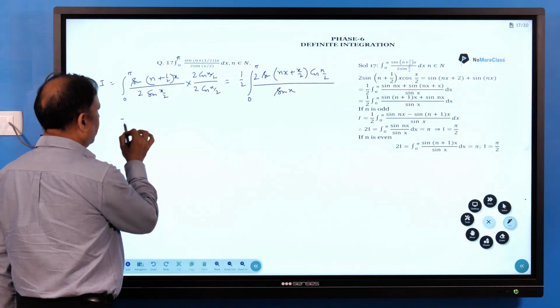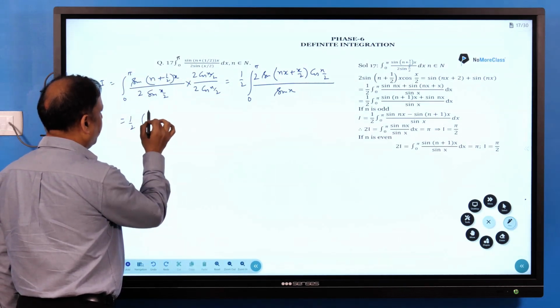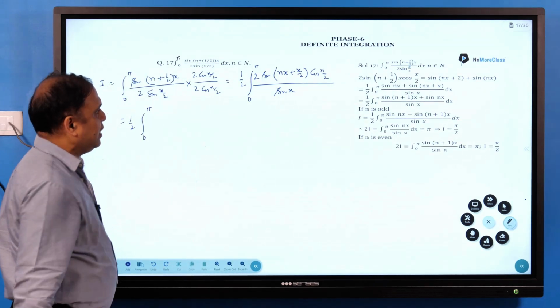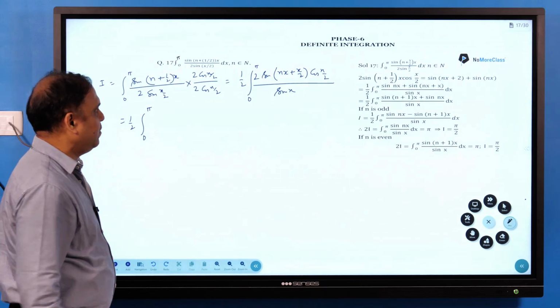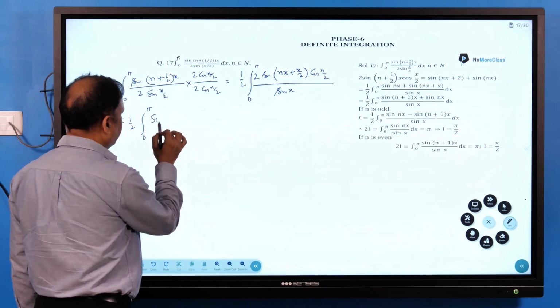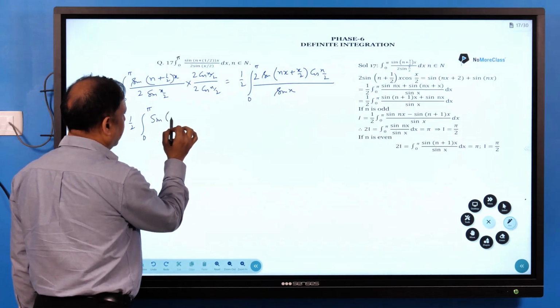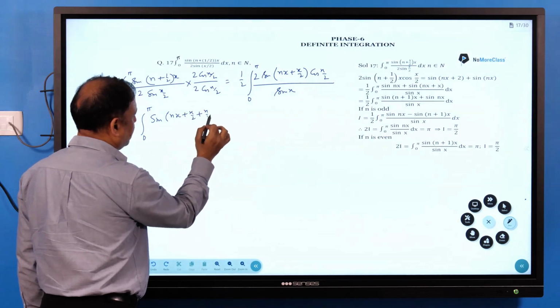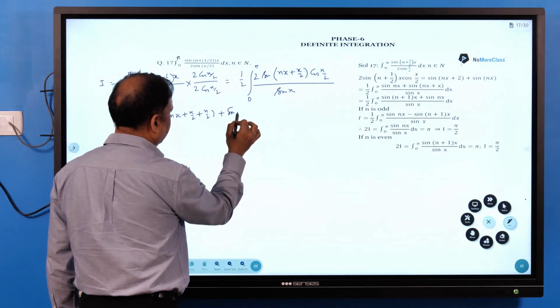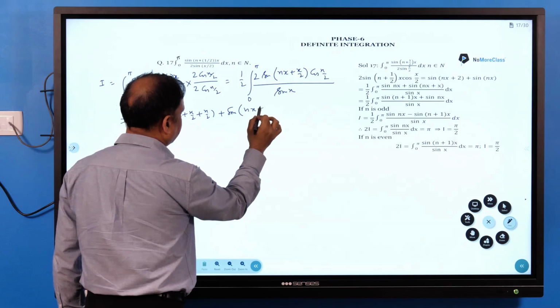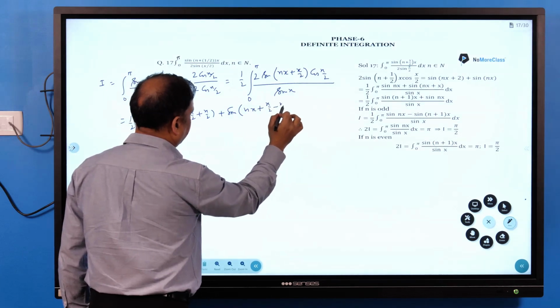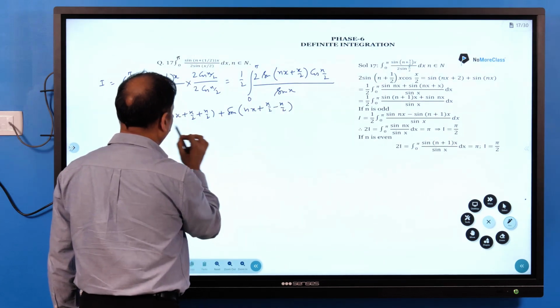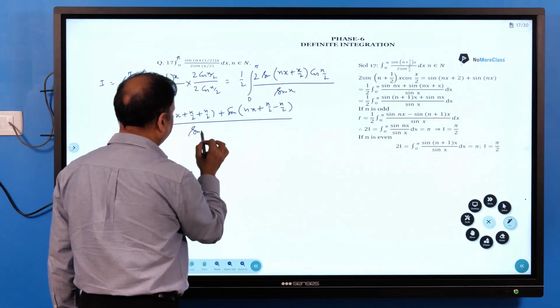So this is equal to 1 upon 2, integral 0 to pi, 2 sine a cos b is sine(a plus b) plus sine(a minus b). So sine(a plus b) is nx plus x/2 plus x/2, plus sine(a minus b) is nx plus x/2 minus x/2, upon sine x.